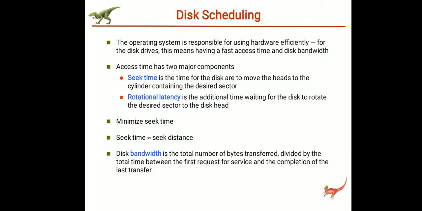Seek time is the time for the disk arm to move the read-write head to the cylinder containing the desired sector, as we have seen in the previous lecture. The rotational latency is the additional time waiting for the disk to rotate the desired sector to the disk head.